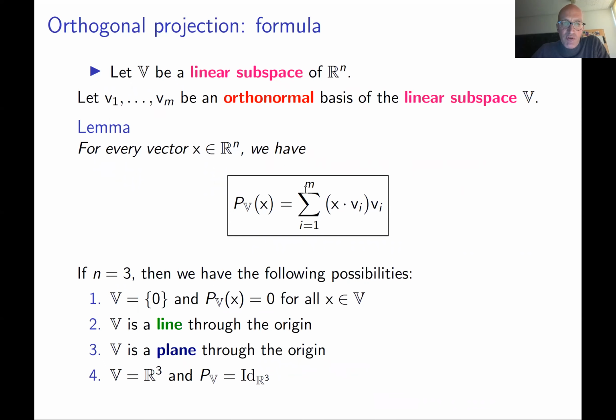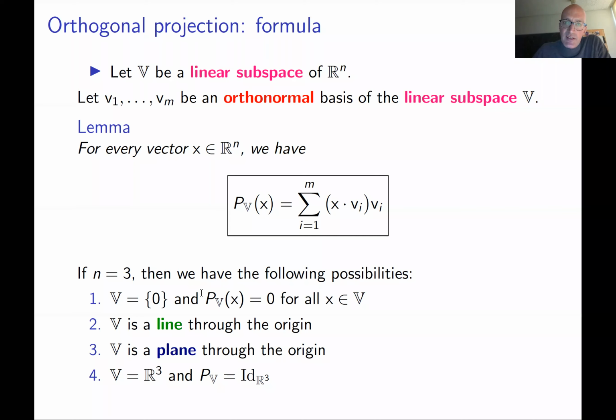For example, for three-dimensional space, we can choose V to be the 0 subspace, and then every vector is going to be mapped to 0 by orthogonal projection onto V. By definition, because PV of x is contained in V, if V is 0, this is always 0 for every vector. This is clearly a linear transformation if all vectors are mapped to 0.